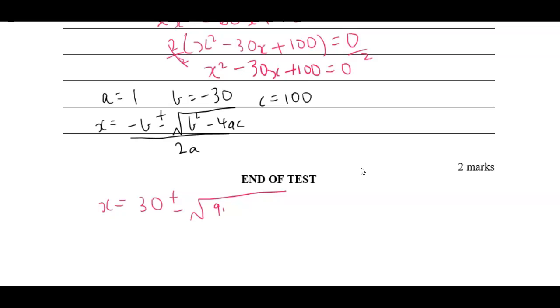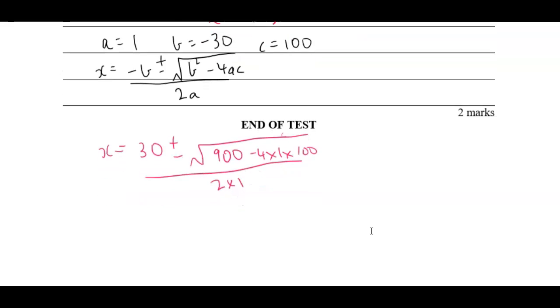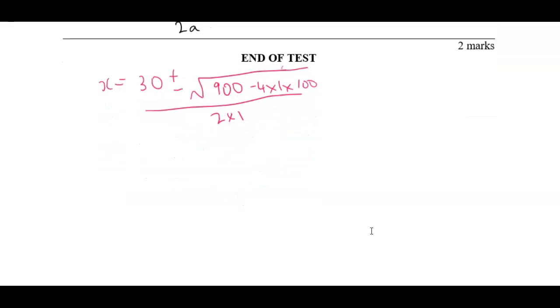So it's the same as 30 squared, which is 900, minus 4 times a, which is 1, times c, which is 100. Okay, and that's over 2a, so it's 2 times 1. So it's just going to be over 2, but I'll write 2 times 1 just in case you wonder why it's just 2.